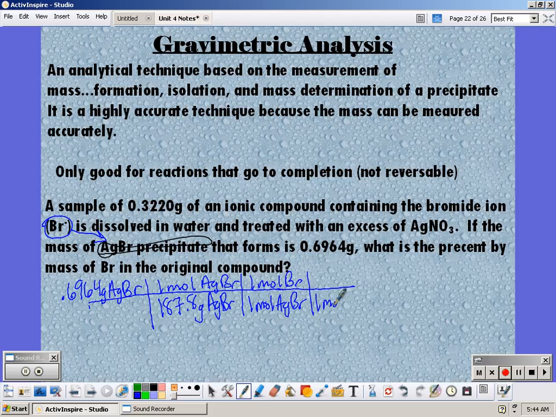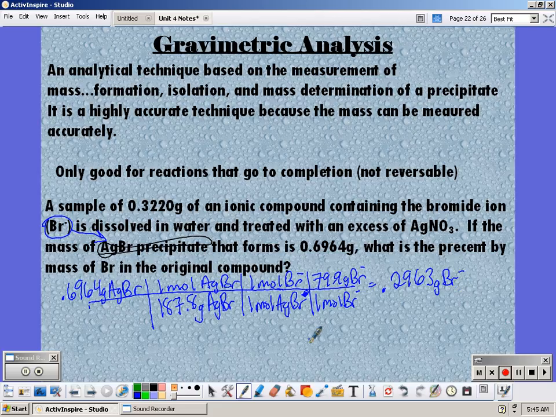And for every 1 bromine, I guess you could call that an ion, you have a molar mass of 79.9 grams. So that gives us a mass of 0.2963 grams of our bromide ion that was in the precipitate.